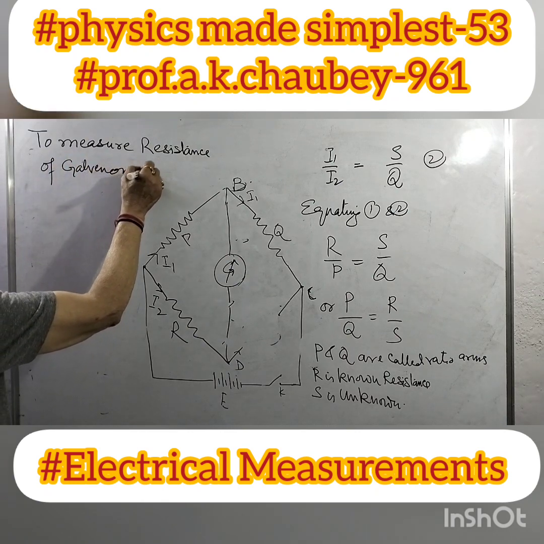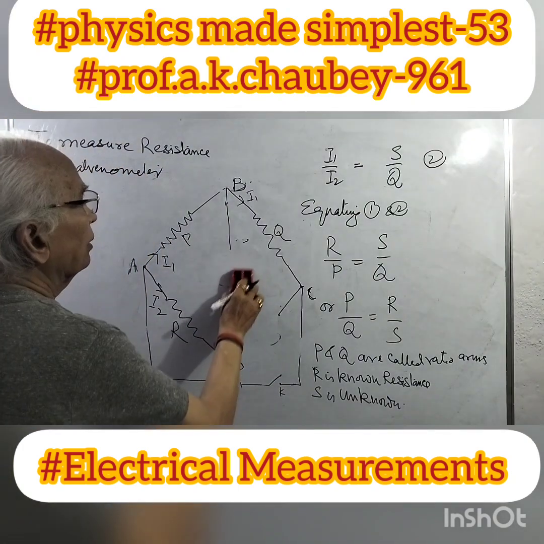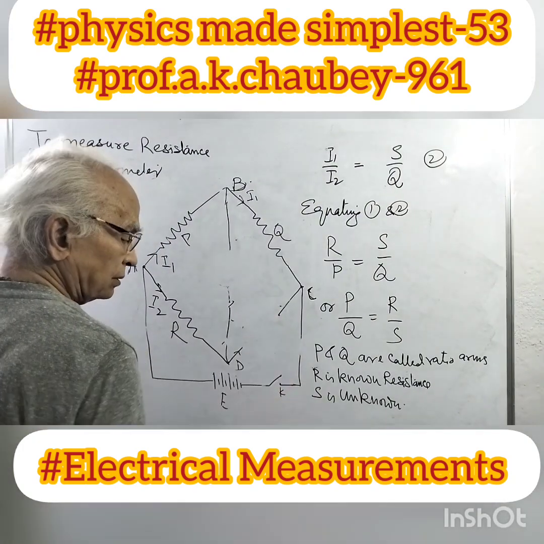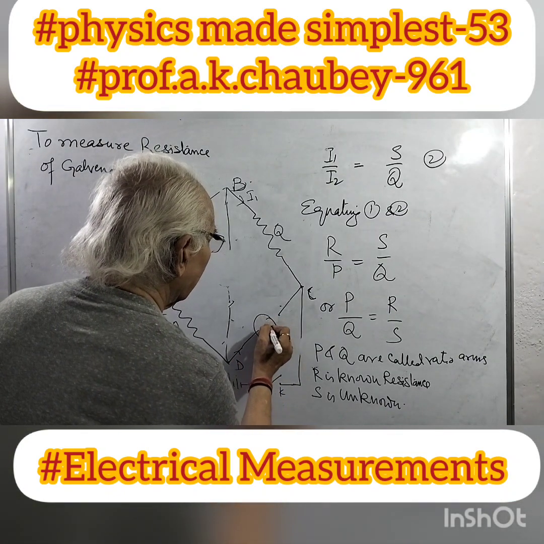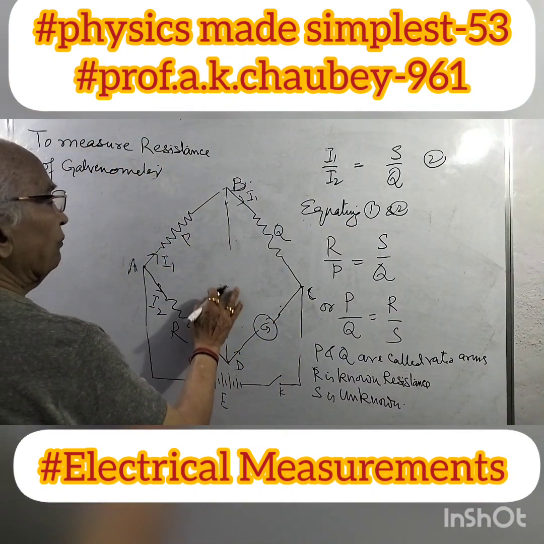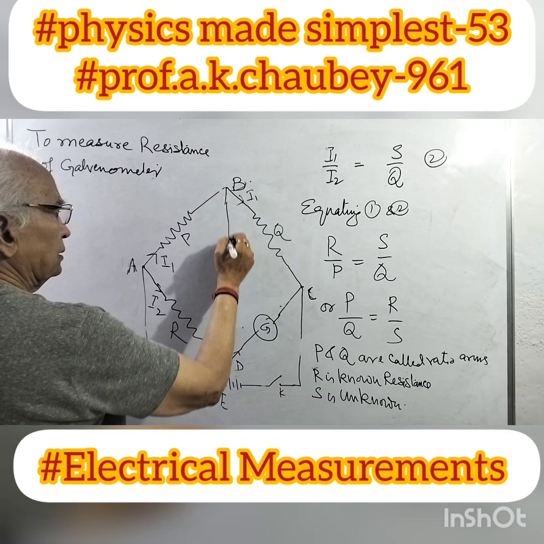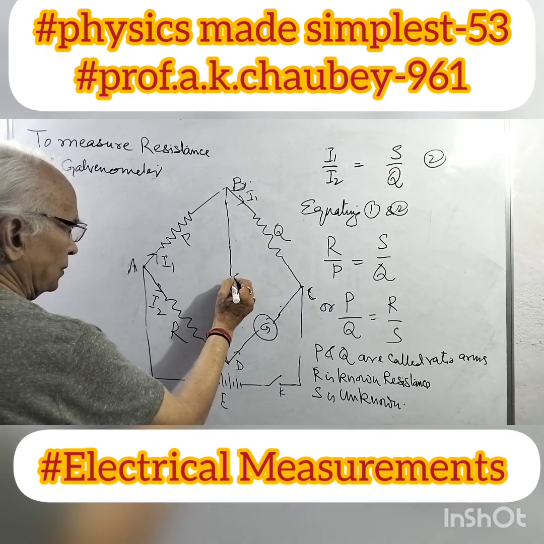What do we do? We connect this galvanometer at the place of S, that is the unknown resistance. So the galvanometer is connected here as the unknown resistance. And here we connect simply a key. This is a key.